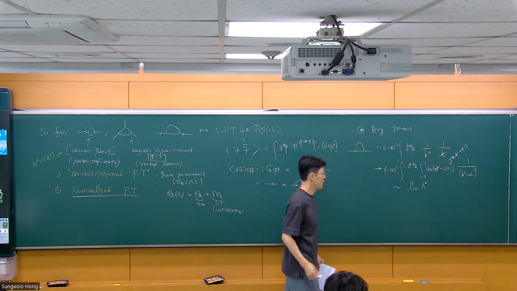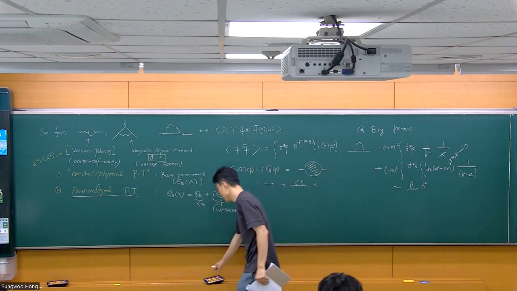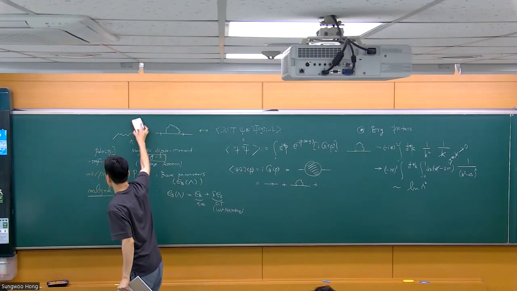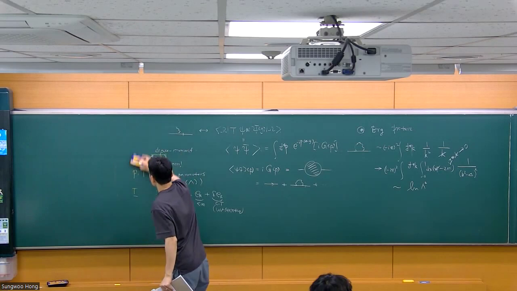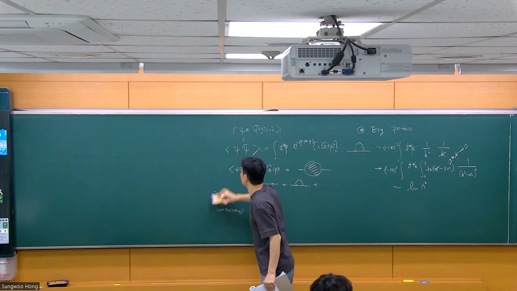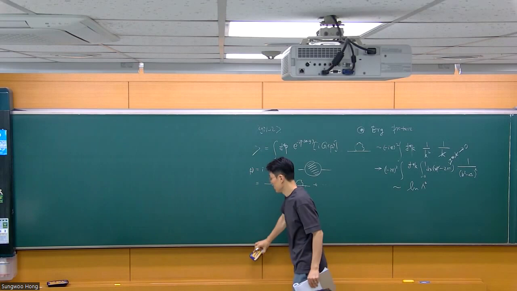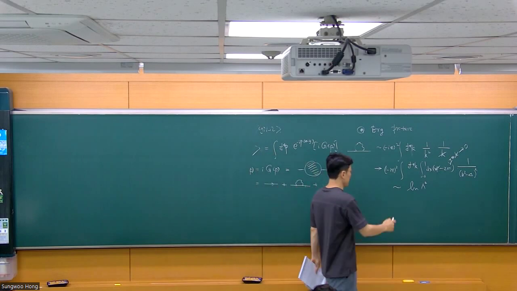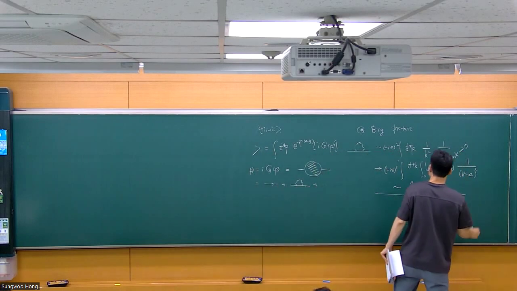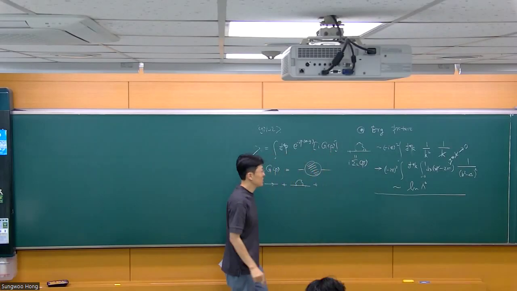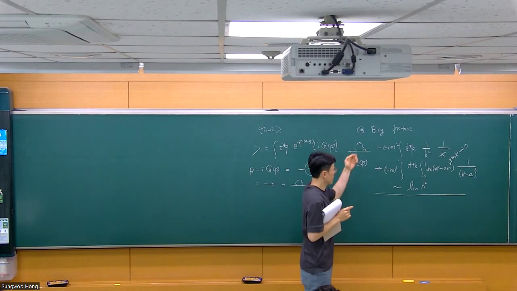So let's first understand the big picture again. We have discussed this technique that I presented a while ago. If I call this amputated amplitude i sigma 2 of P slash, it is a function of the external momentum P, and this is my notation for this particular amplitude.